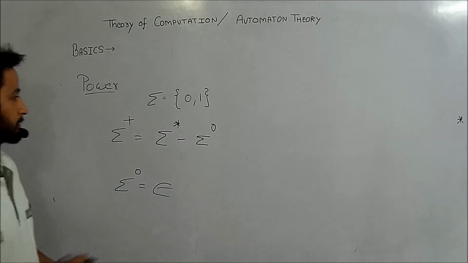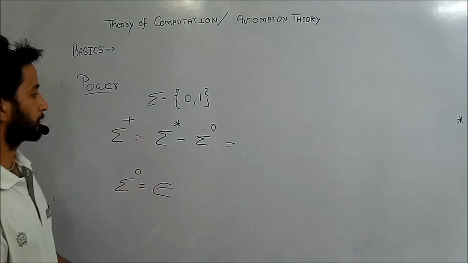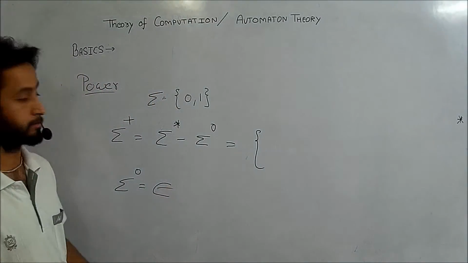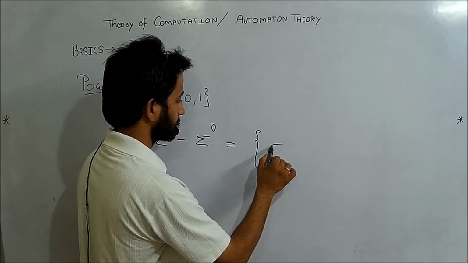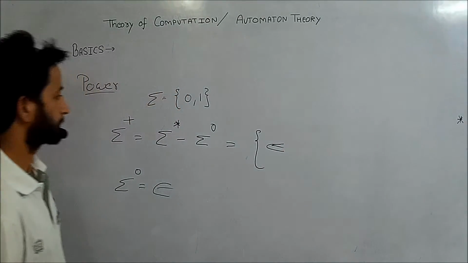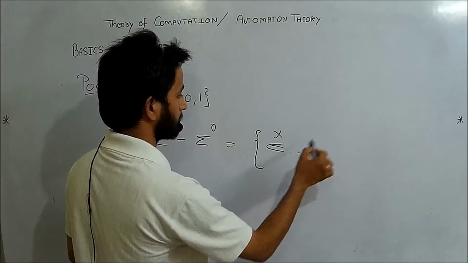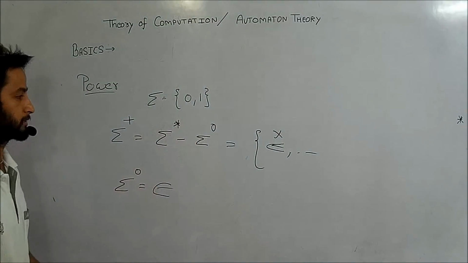So sigma plus will include all the values of sigma star excluding this epsilon; the epsilon will not be here, and it contains all the other strings that are possible with sigma star.